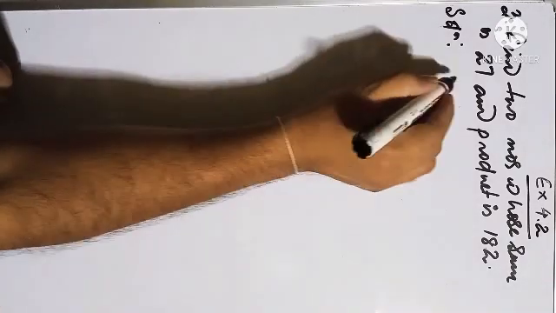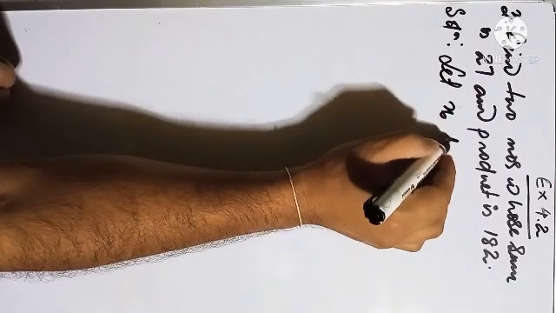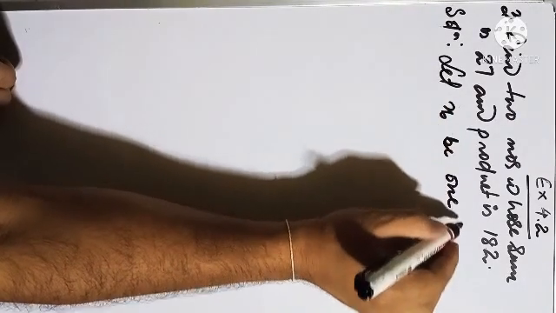We have two numbers whose sum is 27 and the product is 182. Using this information, we are going to construct one quadratic equation. Okay, first let me write, let x be one number.